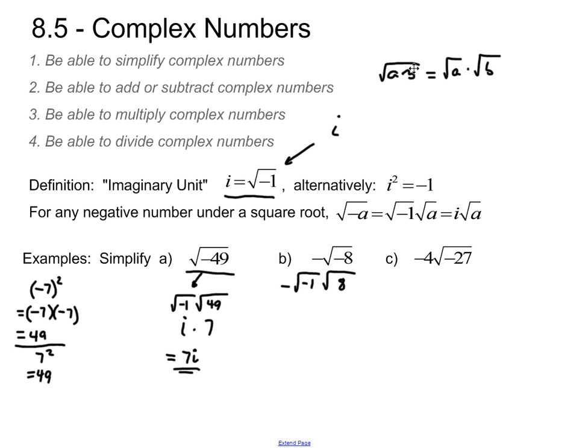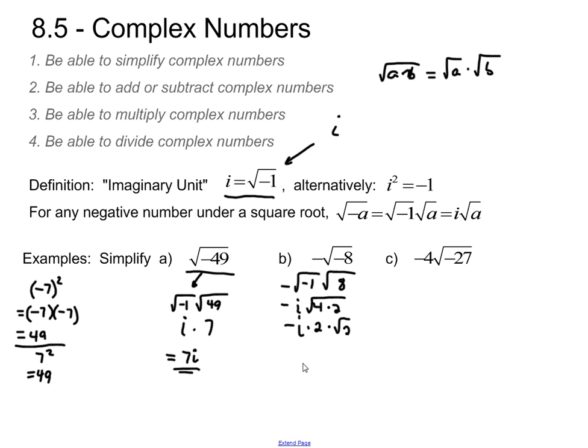Okay? That should be a b right there also, a times b. So right here, this is going to be negative i times, well, let's see if we can reduce the square root of 8 at least. That's 4 times 2 under the radical. And we know that the square root of 4 is 2. So we've got negative i times 2 times the square root of 2.